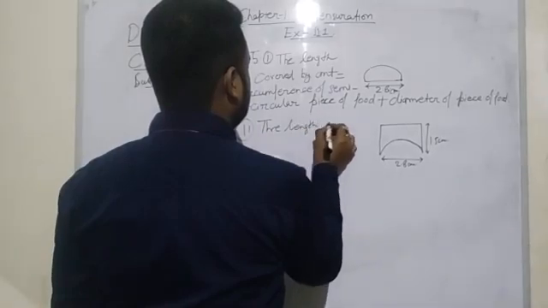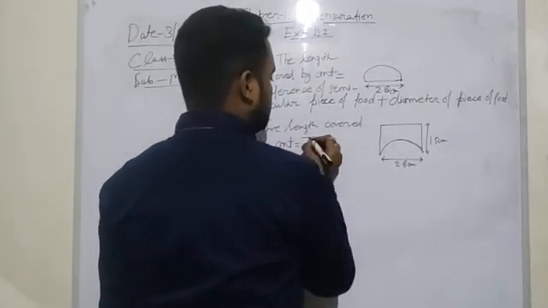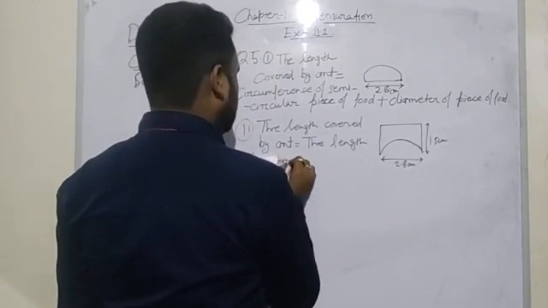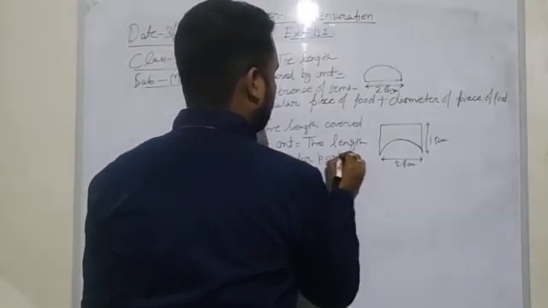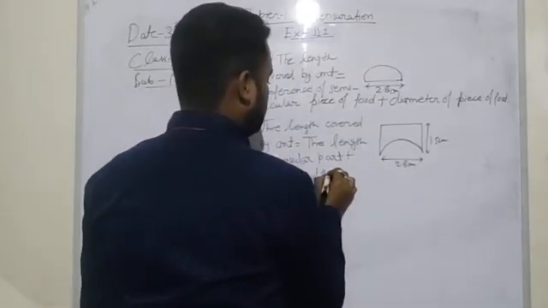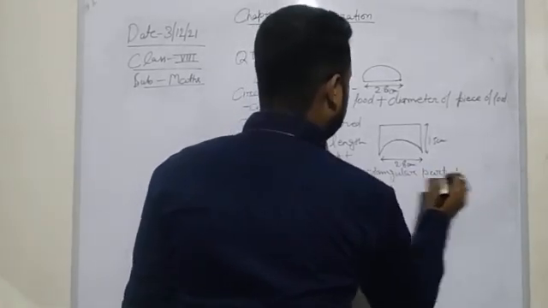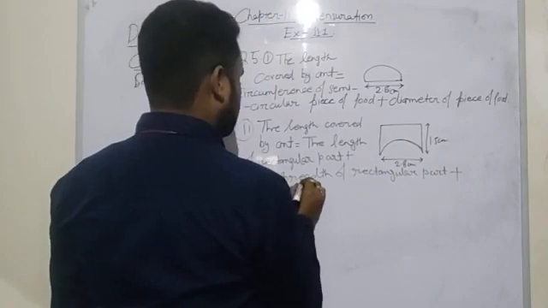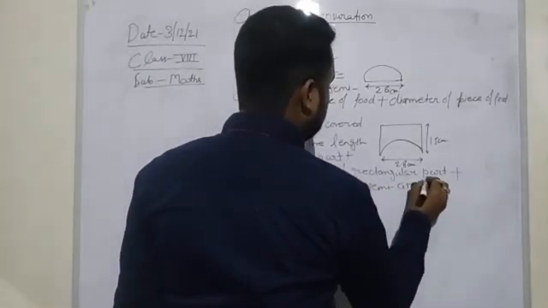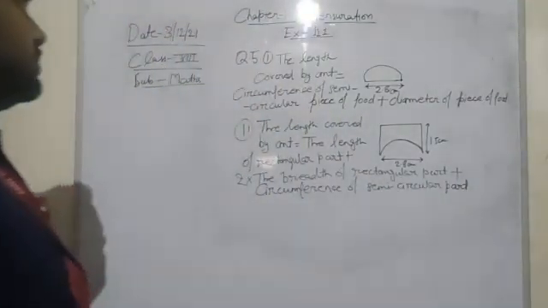The length covered by the ant is equal to the length of the rectangular part plus 2 into the breadth of the rectangular part plus the circumference of the semicircular part. Note it down.